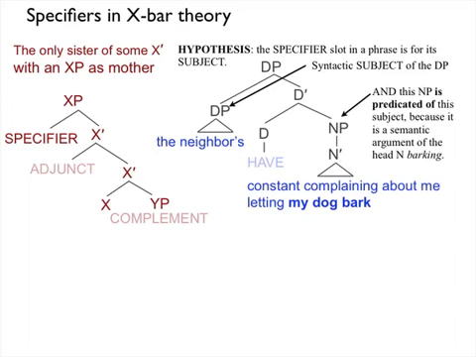This actually was the observation, this parallel behavior of possessors of noun phrases and subjects of clauses, is what led originally to the hypothesis that there is something like X-bar theory.